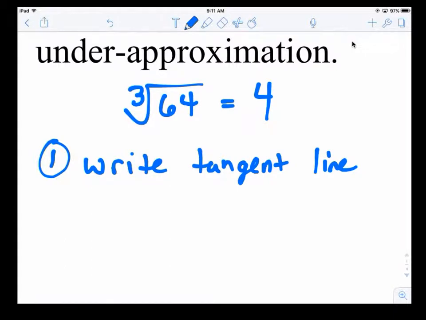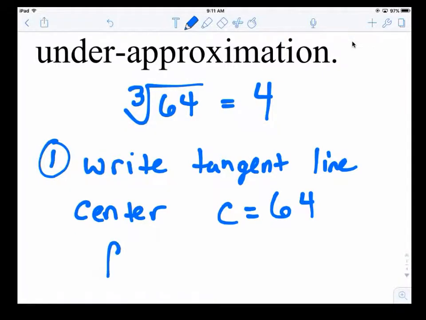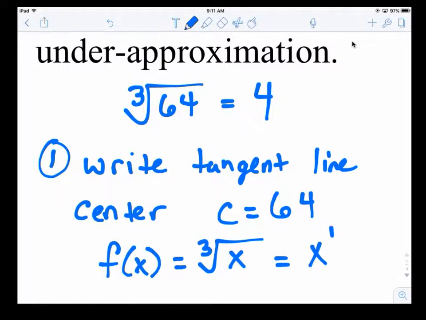All right, we're going to use our center, or something that is easily figured out. In this case, our center would be 64, because our function is the cube root of x, or x to the 1/3. All right, so I need to write my tangent line.